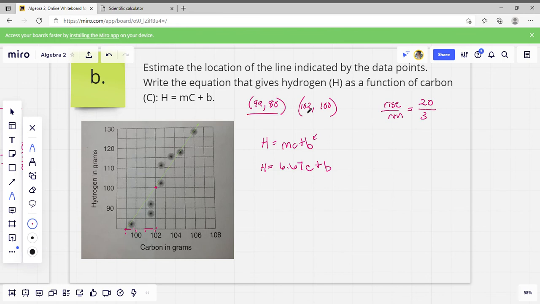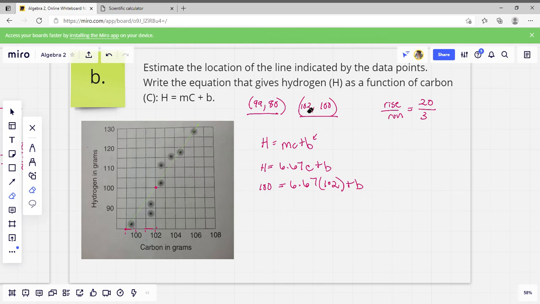Now I'm going to fill in my h. I'm going to pick one of these values. I'm going to go with this one. So h would be my up and down, which is 100. 6.67 times c, which is 102, plus b. So I need 102 plus 6.67. That looks like a 4. That's supposed to be a 7. There we go. No, times.